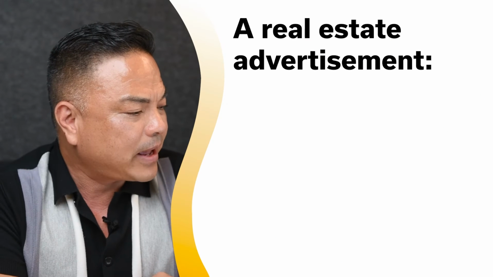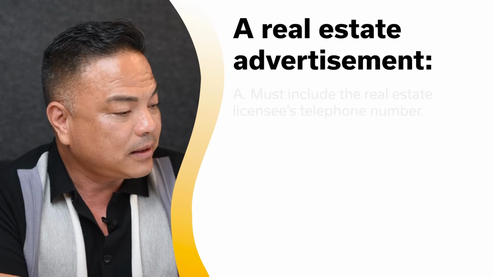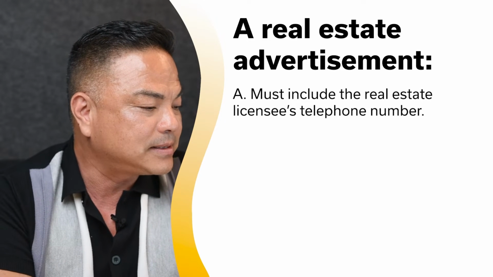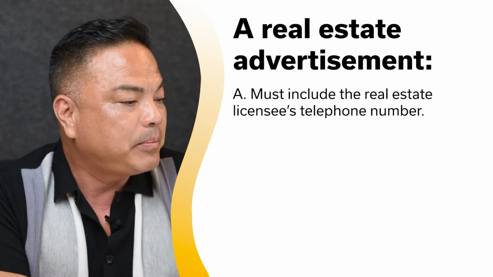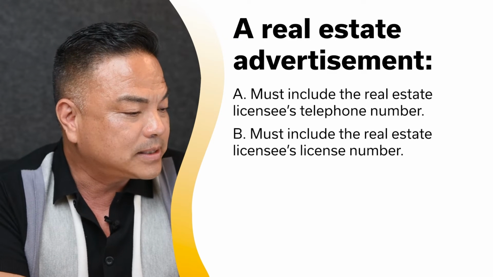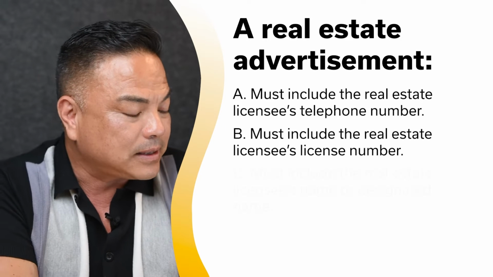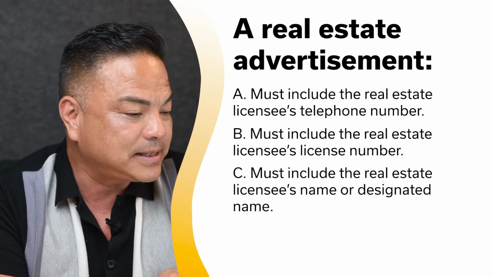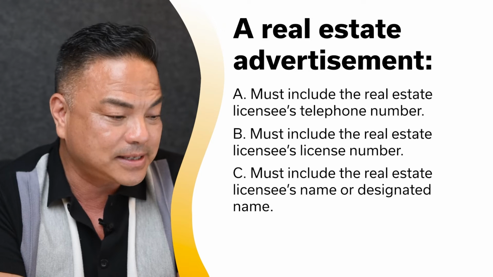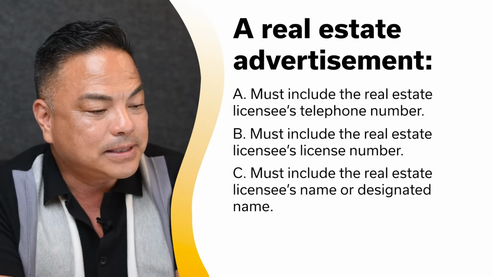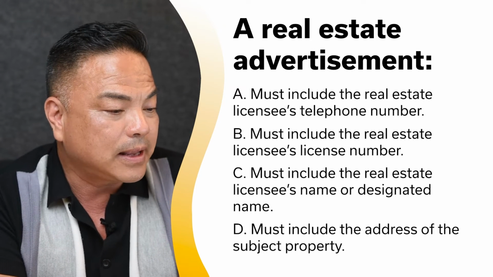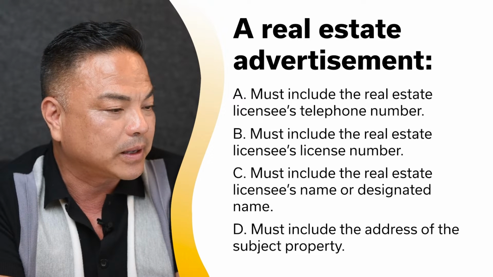A real estate advertisement, A, must include the real estate licensee's telephone number. B, must include the real estate licensee's license number. C, must include the real estate licensee's name or designated name. D, must include the address of the subject property.